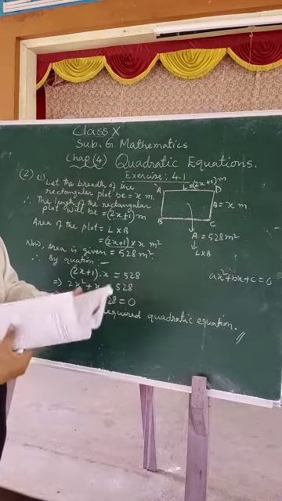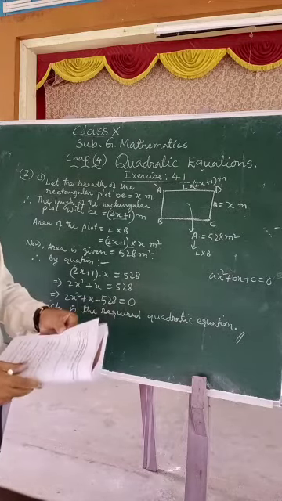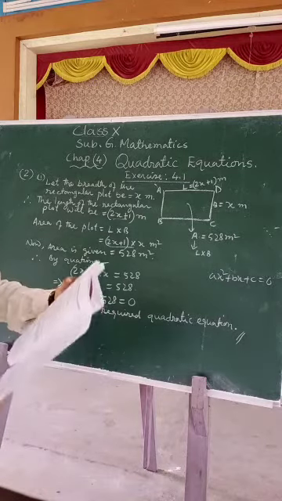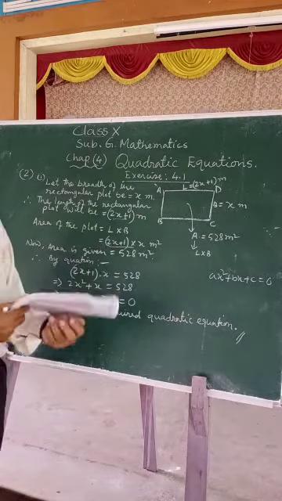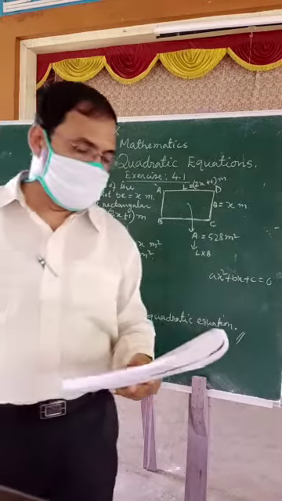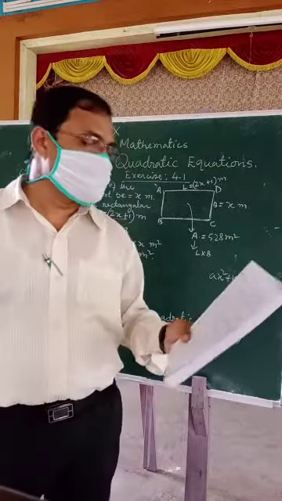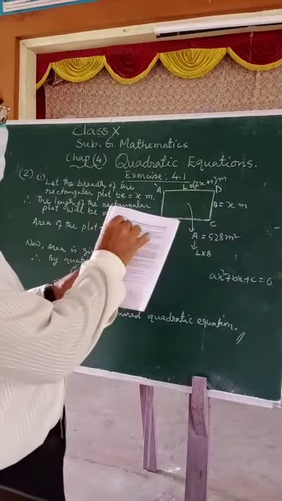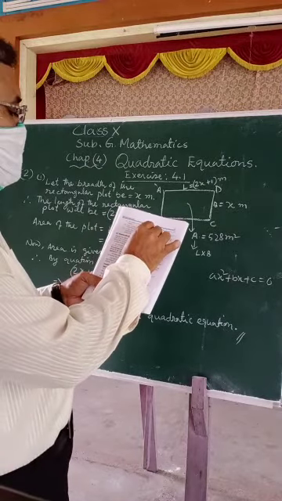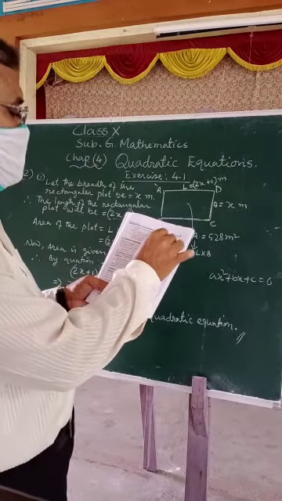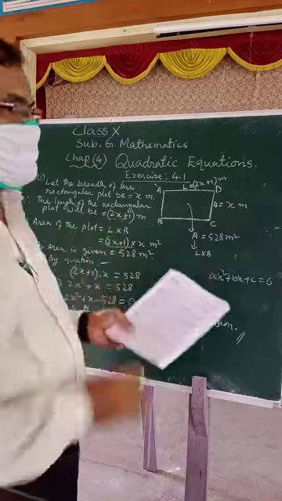Now question number 2. The product of two consecutive integers is 306. We need to find the integers.